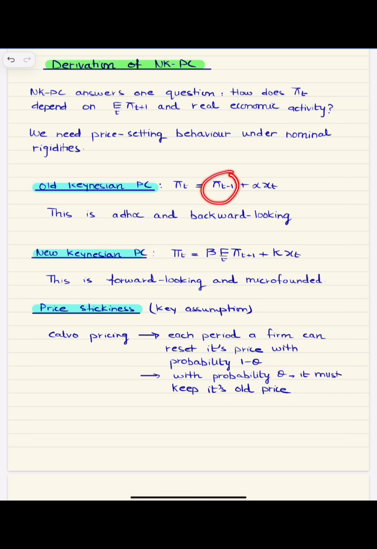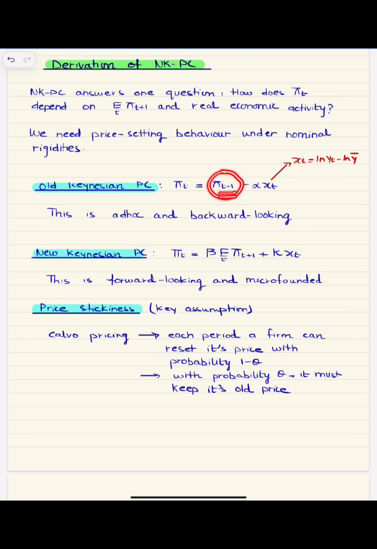It did depend on the deviations of output from its long run levels, but inflation was dependent on the previous year's inflation.